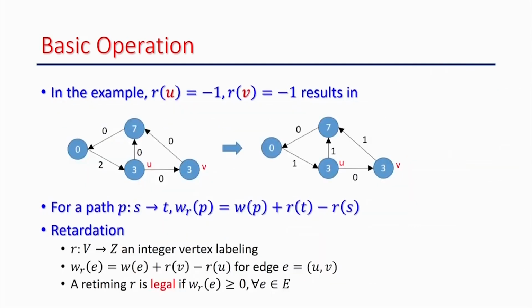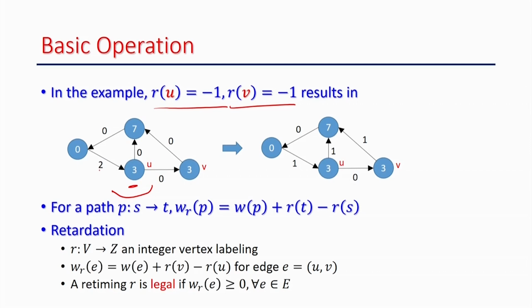Okay, here is one example to clarify things. Suppose this is my U node and this is V node, and say RU equals -1 and RV equals -1. What does it mean? R means the number of registers moved from output to input. -1 means effectively one register moves from the input side to the output.